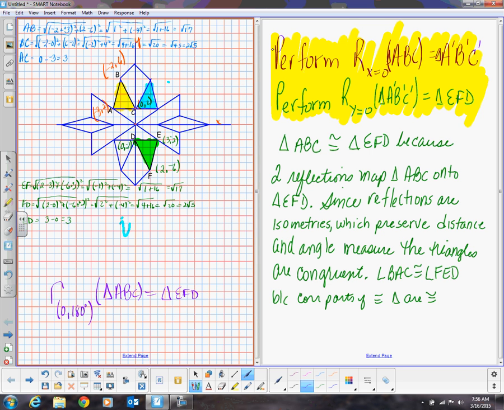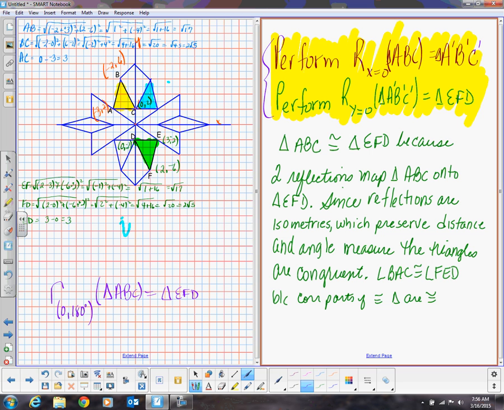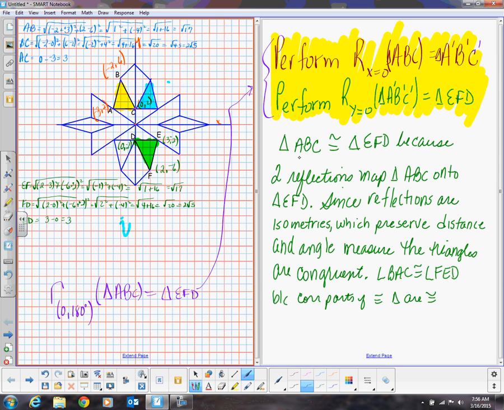So I could have replaced these two things with this one and then gone through the rest of the proof. So it all depends on how your things are oriented. You might have to slide, then flip. You might have to do several flips. You might have to rotate. You might have to do a glide reflection. But anyway, this is the way that the second one is done.